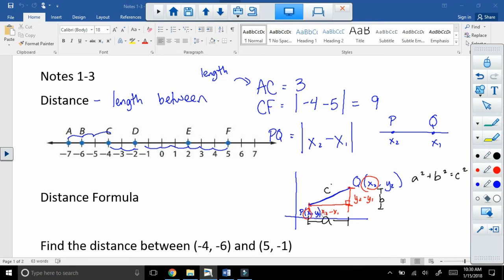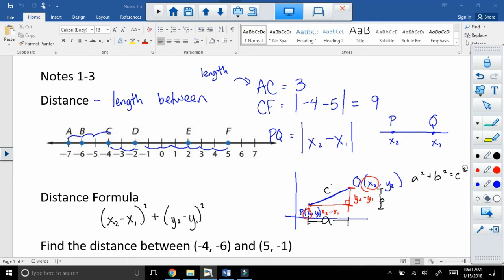So this distance formula will say that this distance here, so A squared, or we're going to write it out as X2 minus X1 squared plus B squared, which instead of writing B, I'm going to write Y2 minus Y1, squared, equals C squared.